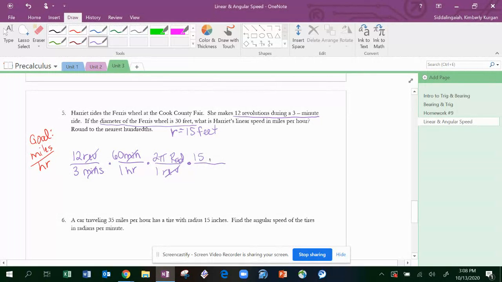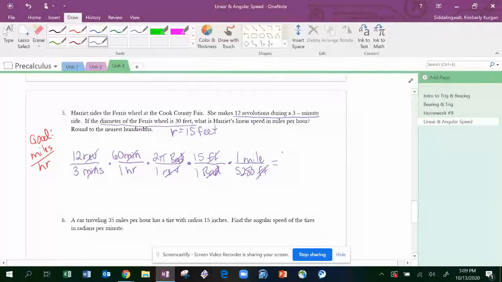So I'm going to use the 15 feet to 1 radian, so that the radians cancel, and now I'm in feet per hour. Okay, so I know that 5,280 feet are equivalent to 1 mile. And now if I look at what's left, I have miles per hour. So I'm going to multiply across.